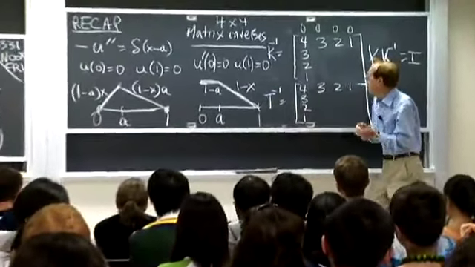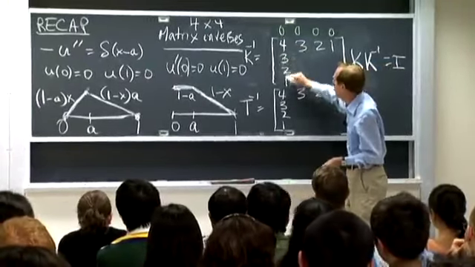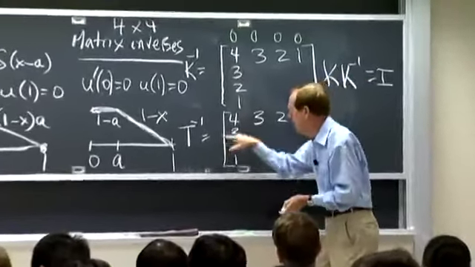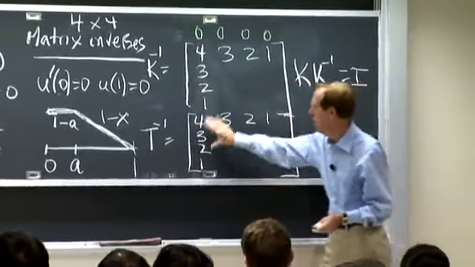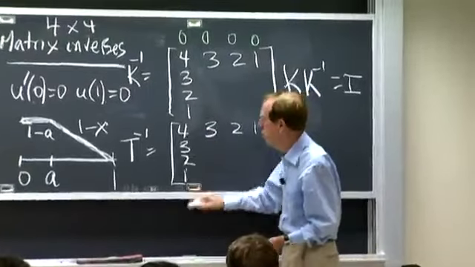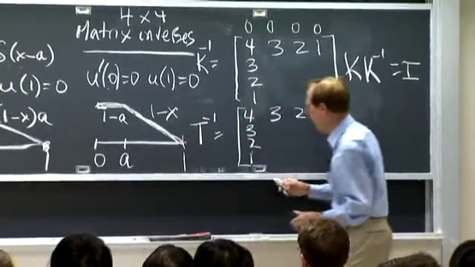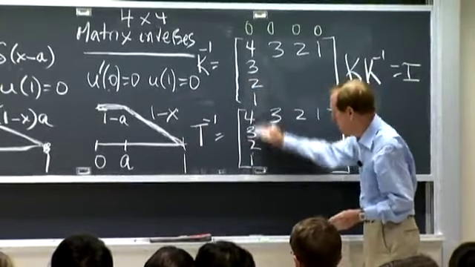And how do I complete K inverse? So this 4, 3, 2, 1. Well, let me complete T inverse. You probably know T inverse already. So this 4, 3, 2, 1 is when the load is way over at the far left and it's just descending.